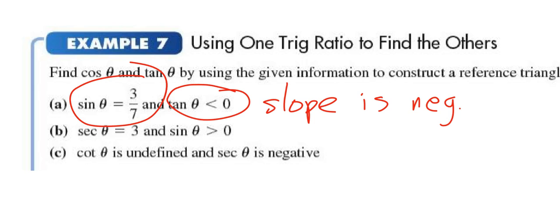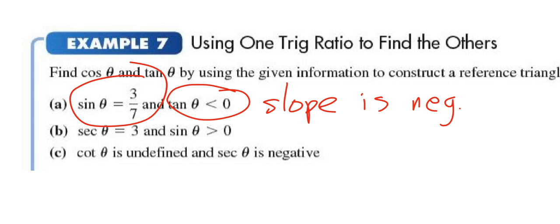All right, letter A. What are the important things that you notice in the information that you've been given? I wrote out one of them. You should automatically see that since the tangent is less than 0, that means the slope is negative. What else were you told? You were told the sine is 3/7, but I need interpretation.